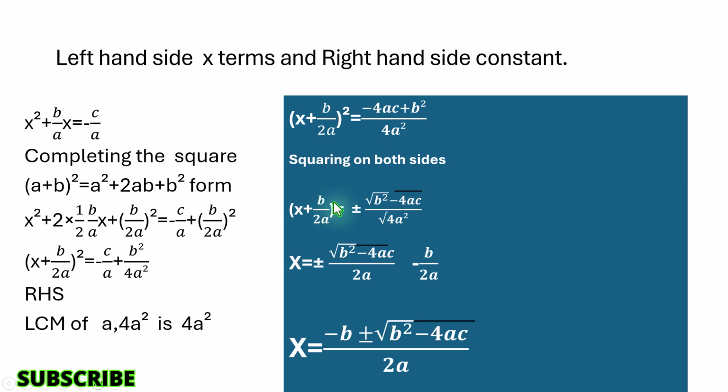Taking the square root on both sides, on the left hand side the square is cancelled, and on the right hand side we take the square root: square root of b square minus 4ac by square root of 4a square. The square root of 4 is 2 and the square root of a square is a, so b square minus 4ac by 2a. On the left hand side x plus b by 2a, transpose to the right hand side: minus b by 2a.